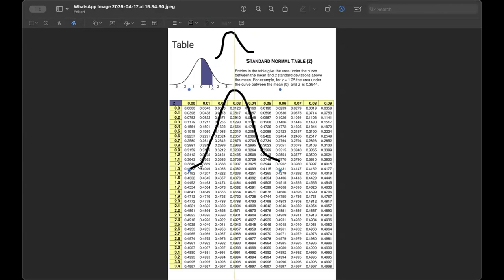If we want the region from minus 3 to minus 2.66, this region is equal to the same region on the positive side, 2.66 to 3.00. See, it equals the same region.